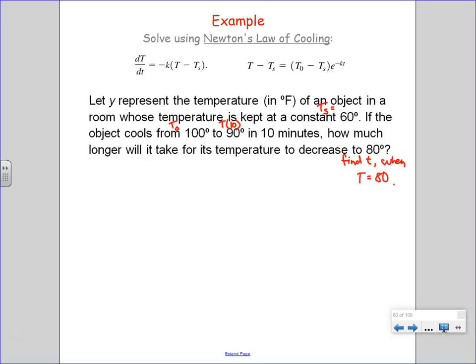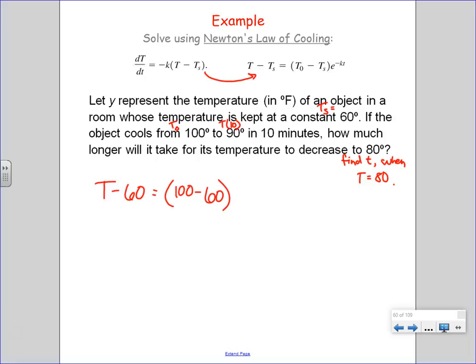Could we integrate and be snazzy and be like, haha, I know why that's true? I suppose. We know it's true, but we'll just say we know it's true for right now, because we're not going to be asked to prove Newton's law of cooling on the AP exam. So therefore, what do we know? T minus 60 is equal to T sub naught, which is 100, minus 60, the room temperature.